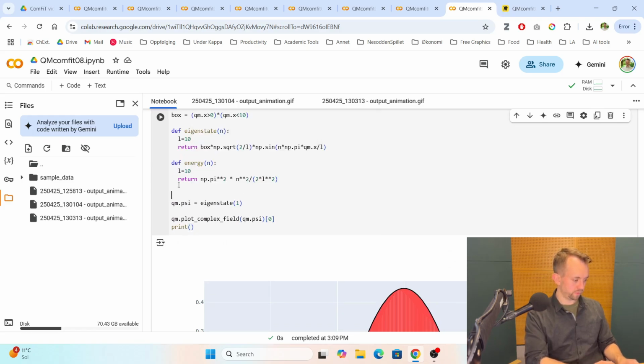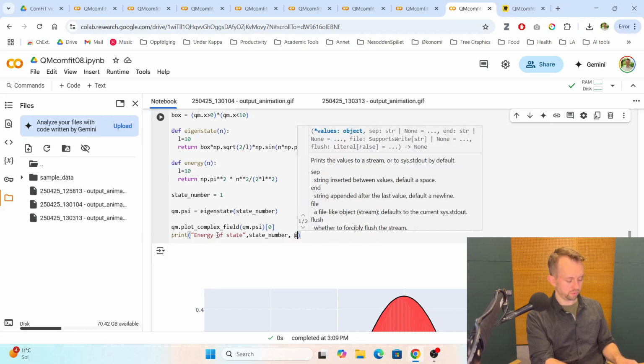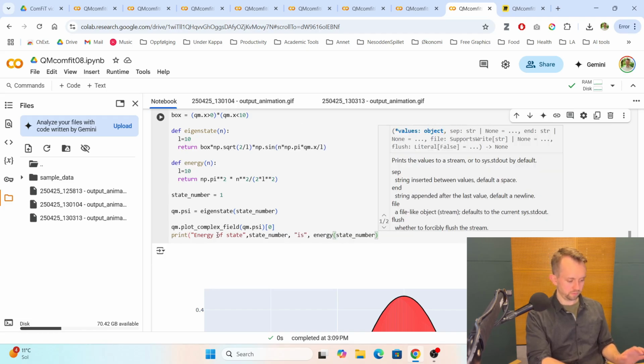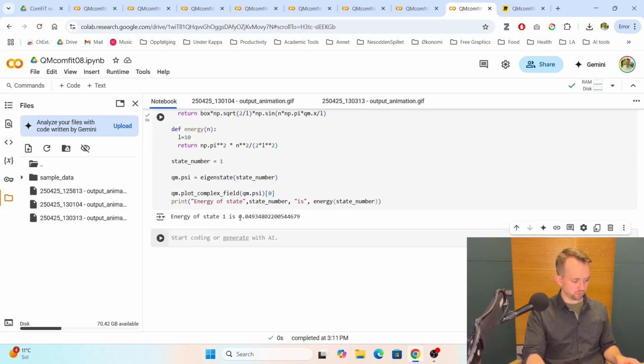Also, let's just create state number as a variable so we don't have to rewrite that all the time. Print energy of state number is energy of state number. So we get 0.04 whatever.